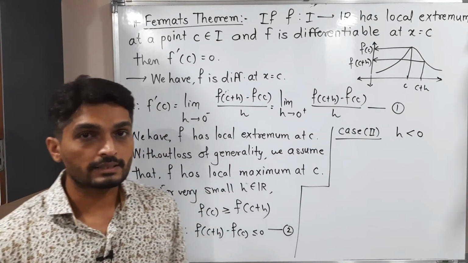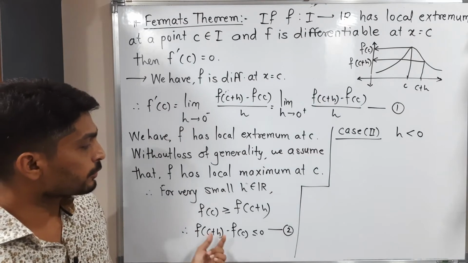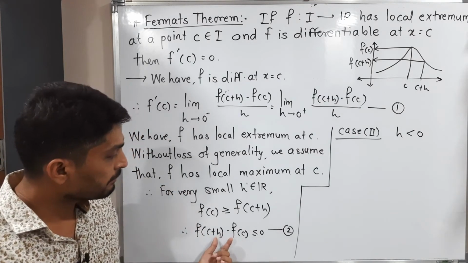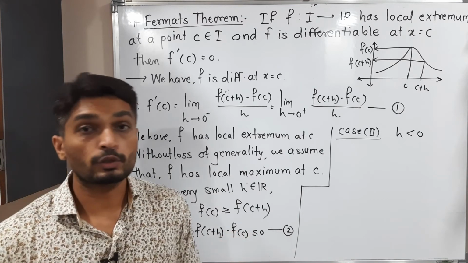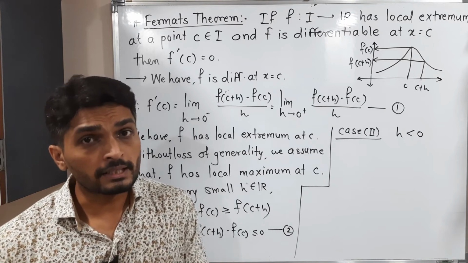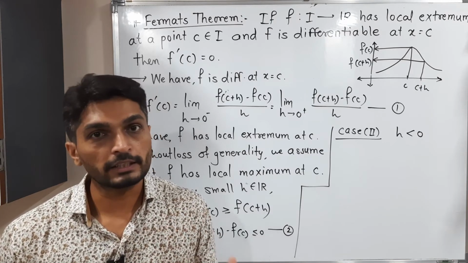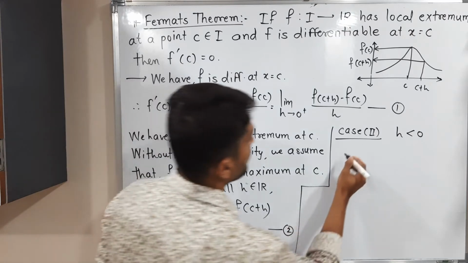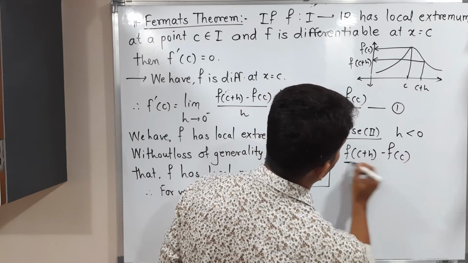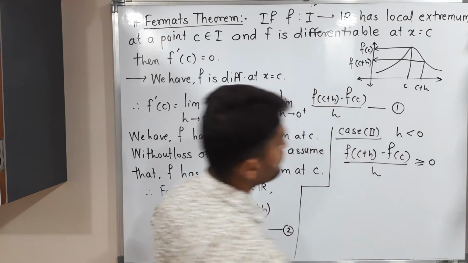The second case is h is less than 0, so h is negative. I will repeat the same steps. I will divide both sides by h. But h is negative, so if you multiply an inequality by a negative number, the inequality changes. Therefore, f of c plus h minus f of c divided by h is greater than or equal to 0.